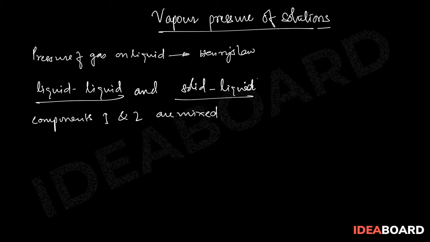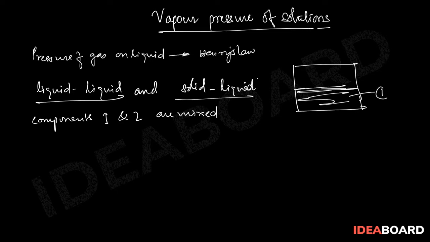Suppose I consider a container which is closed in nature and you have a liquid here. This liquid is actually the mixture of component 1 and 2. Each of these components will have a certain extent of vaporization, and at equilibrium the total pressure, P total, is equal to partial pressure of 1 plus partial pressure of 2. This is according to Dalton's law.